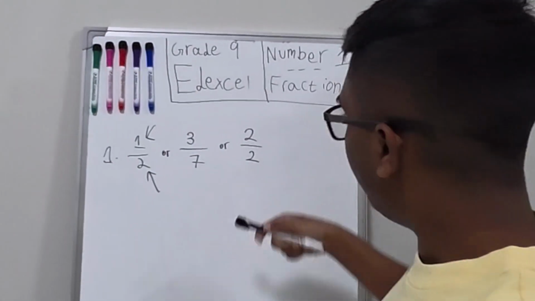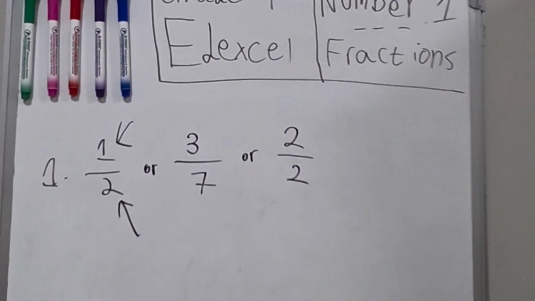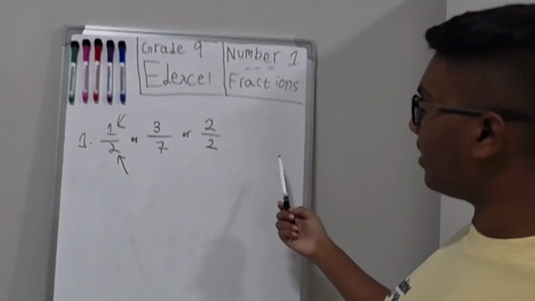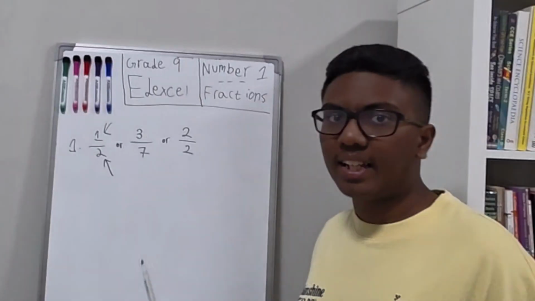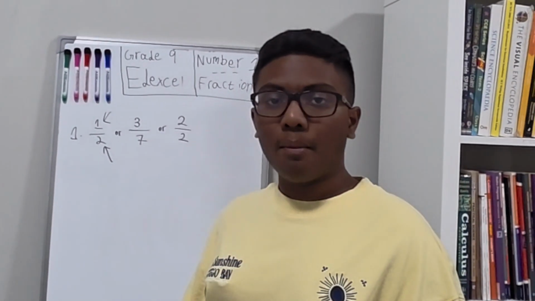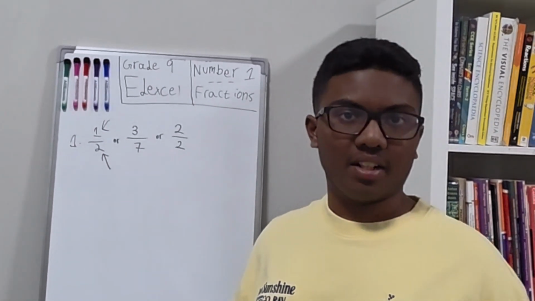So, remember this. It's an important rule that whenever the top part of a fraction, the numerator, is exactly equal to the bottom part of the fraction, the denominator, the fraction is equal to 1.